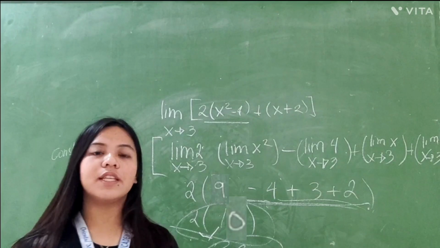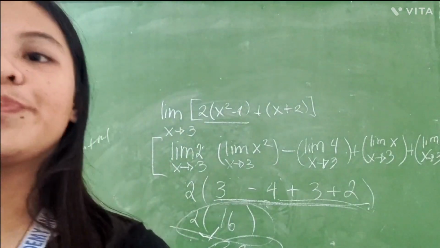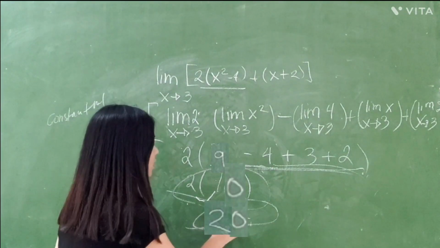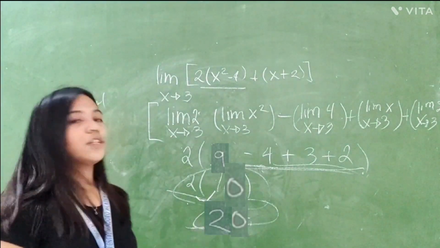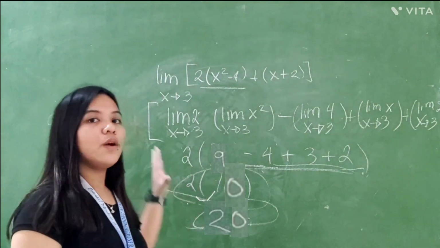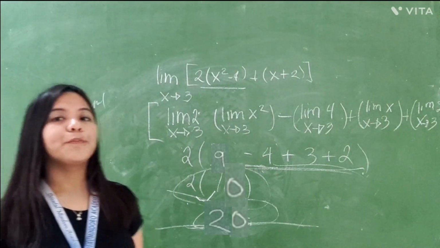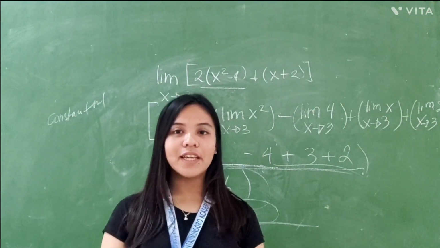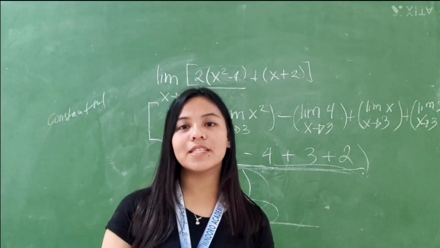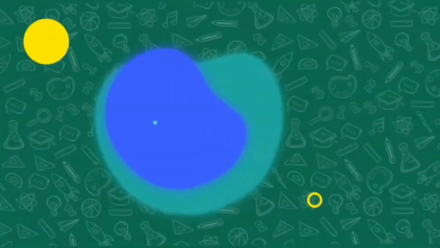With that, using the different kinds of theorem, the answer will be 32. With that, using the different laws, we have come up with the answer of 32. So, I hope you get it clearly, and I hope you understand what is the limit laws.